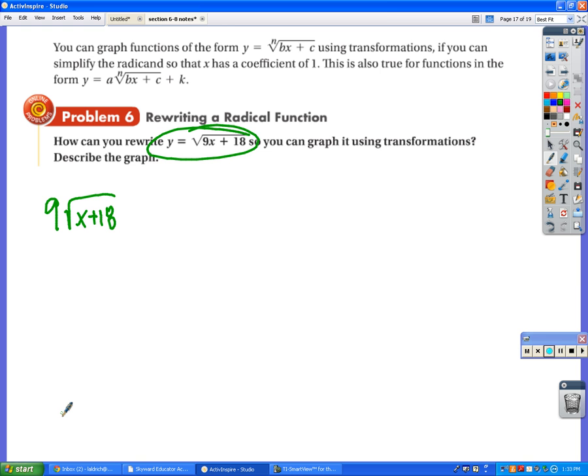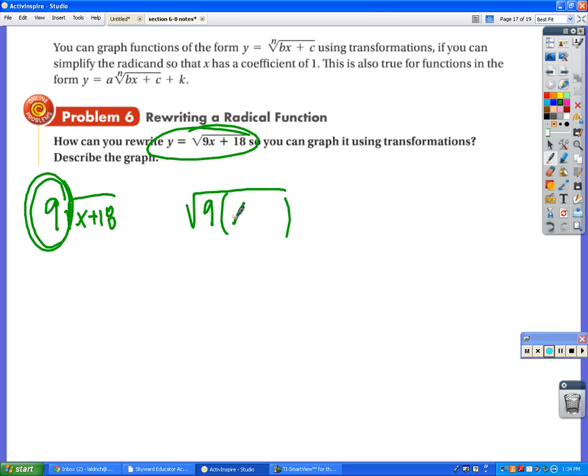We're going to factor that out. What you don't want to do is look at this and say, well, there's a 9 there, so it's going to be a vertical stretch of 9 and then a shift to the left of 18, because the thing that tells you the vertical stretch is what's outside of the square root. And so what Courtney said is correct. We're going to factor out that 9. What am I left with if I factor out that 9?